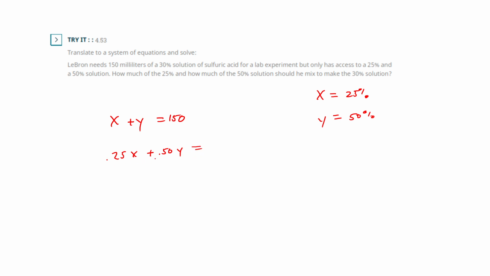Now, this is the acid in the first one, the acid in the second one. You pour them together. You've got to make it the acid in that new third beaker. It's 30% of the 150. Now again, you could run 100 through all the different groups if you wanted, or you can just work with the decimals, but that's your setup.